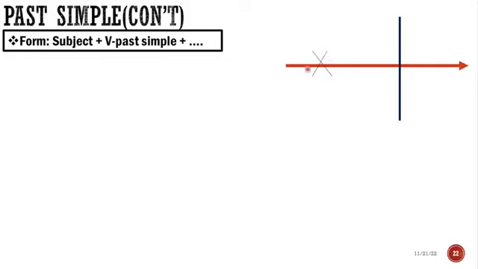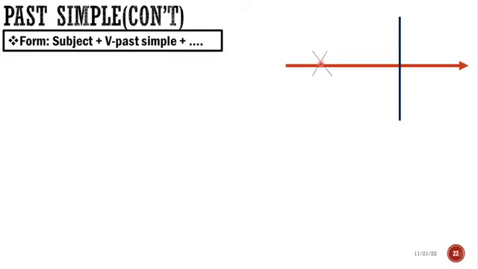Activities in the past simple are here. This is today, and this point is today and the future. So right now everyone can see the activities in the past simple are here. The activity or situation began or happened here.